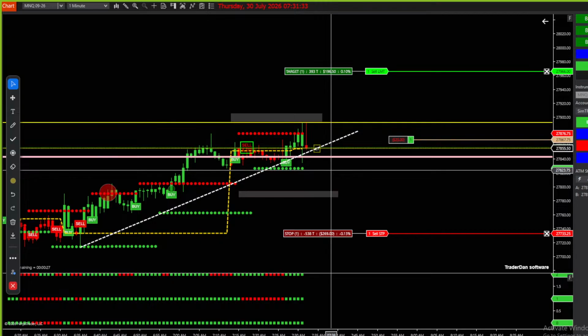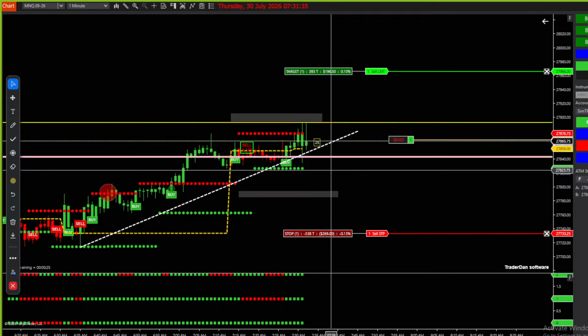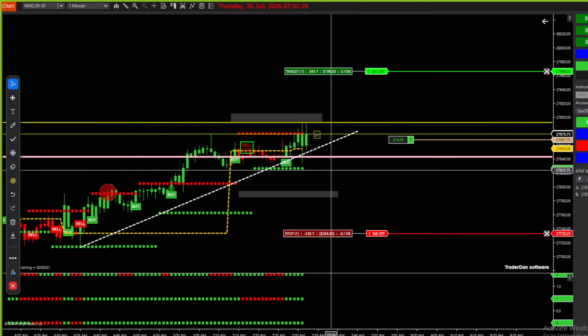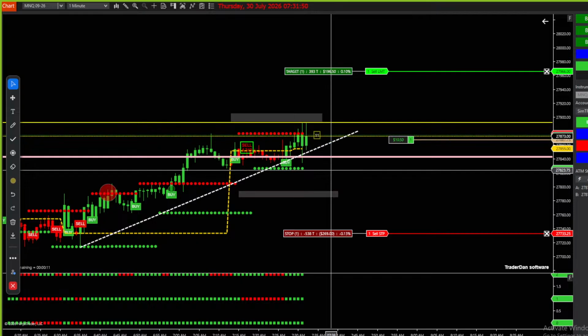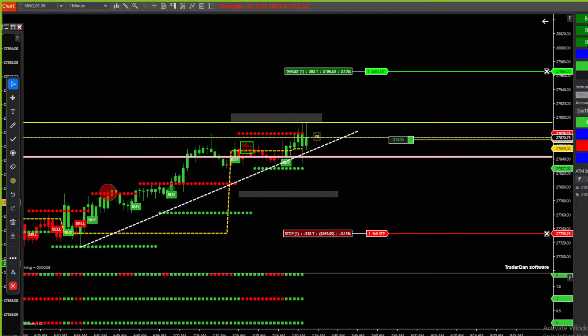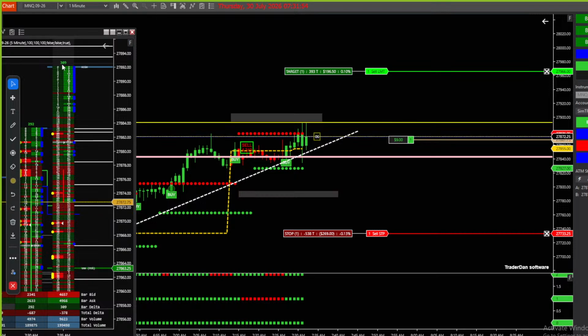I'm not liking this. Stack buyers. Can we even do anything? 320 buyers still in this candle. 300, 287. What am I looking at? I'm looking at order flow right here. 300 in this one.